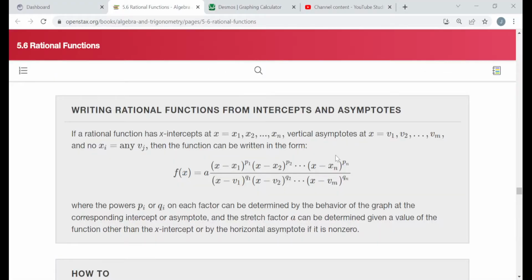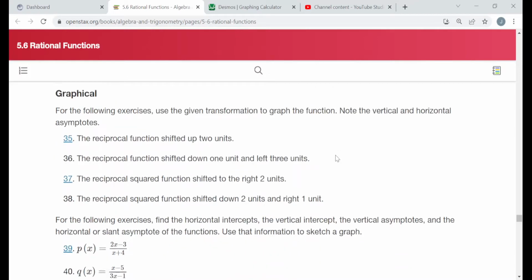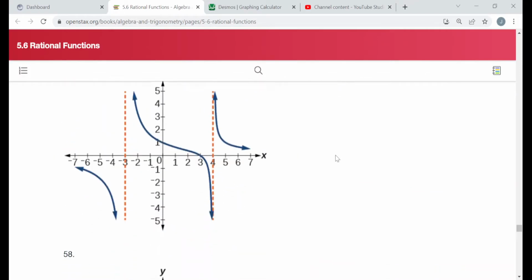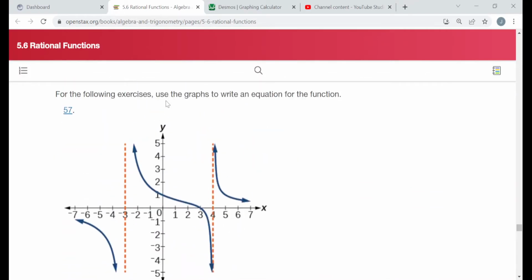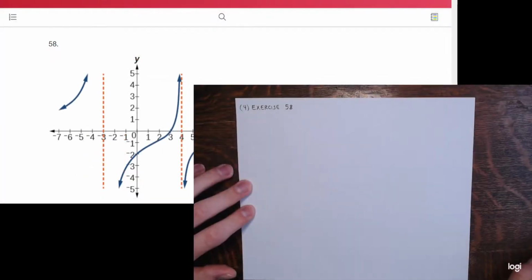So at the bottom of the section here, all right, the exercises. So exercise 58. It says use the graphs to write an equation for the given rational function. So here's 58. All right, I'll do this so you can see most of the graph here.